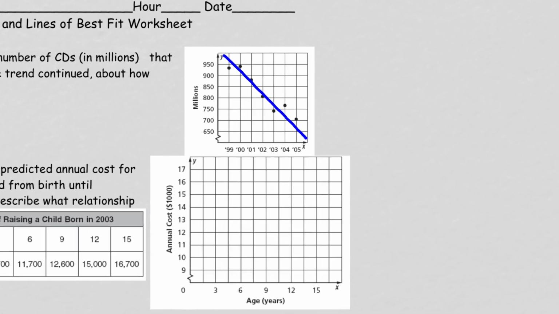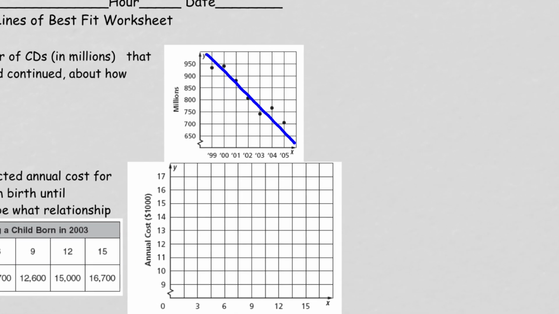What I'm going to do to find a line of fit is to pick 2 points on this line that come pretty close to it. Let's see, these are kind of hard to choose. We'll pick this point, and I'm going to call that point the year 2000.